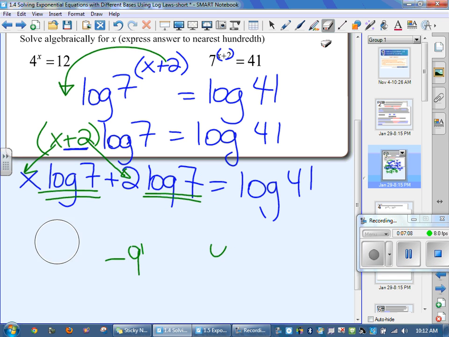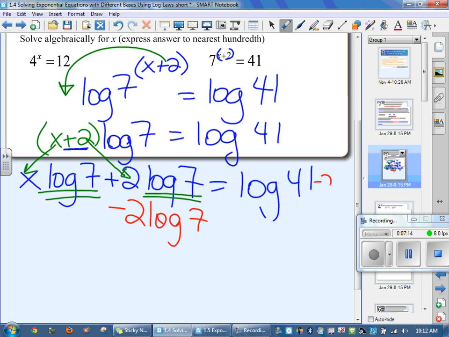So we're going to subtract 2 log 7 from both sides. Now the hint about this is whichever you do, the log 41 started on the right-hand side. So since it started on the right-hand side, it's got to be written first on the right-hand side. You can't write this negative 2 log 7 in front of the log 41.